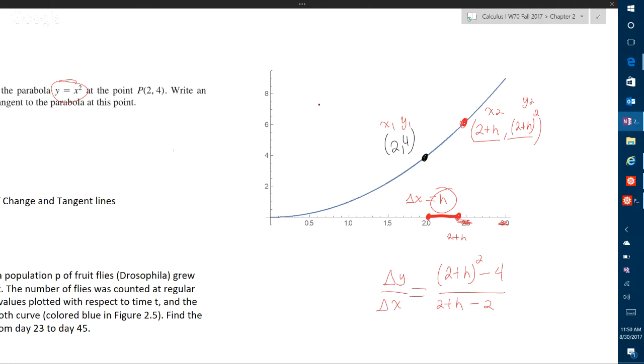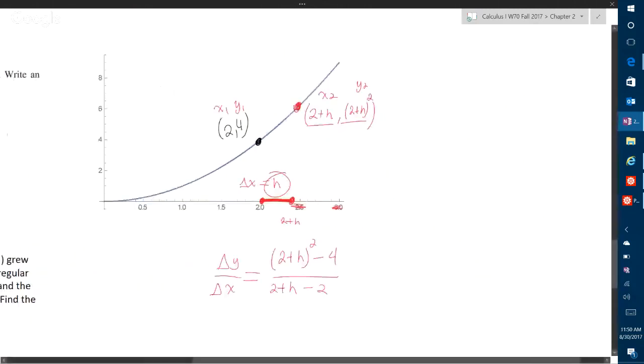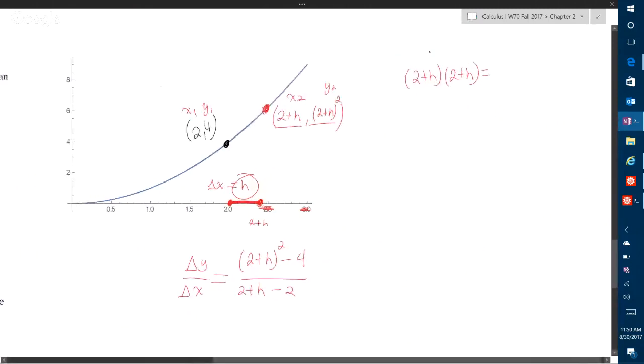Not yet. We have to FOIL it out. 2 plus h to the second power means you have 2 plus h times 2 plus h, and you have to multiply that out. All right, so let's do this one together quickly. The first, 4; outside, 2h; inside, 2h; and then last, h squared.